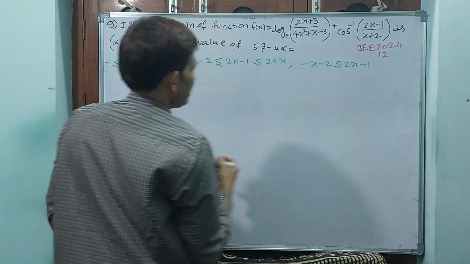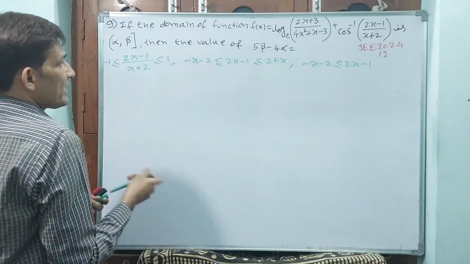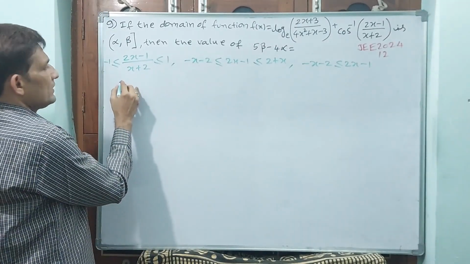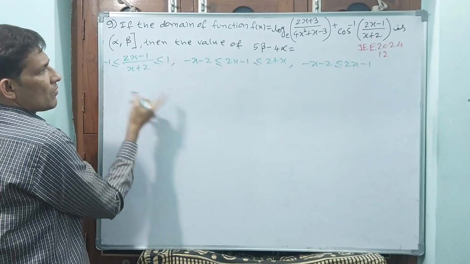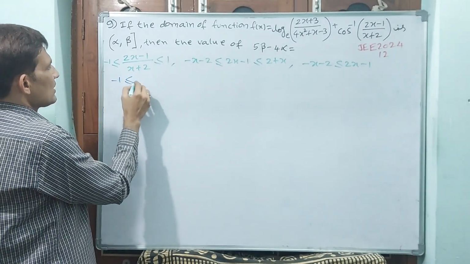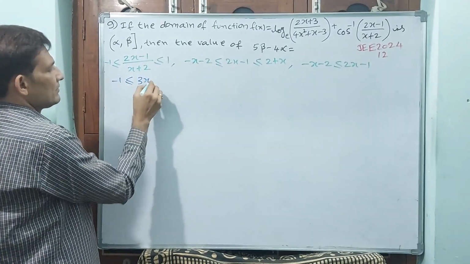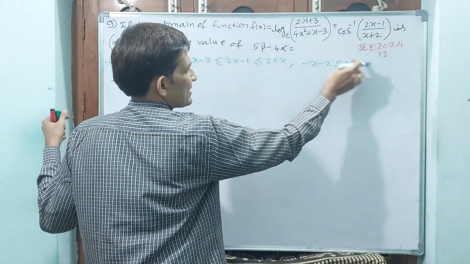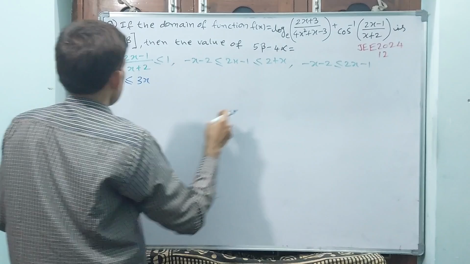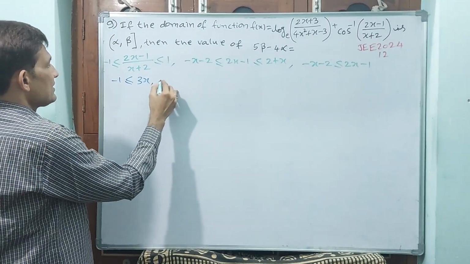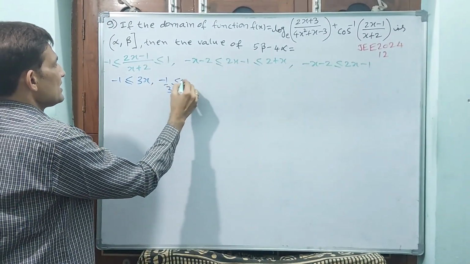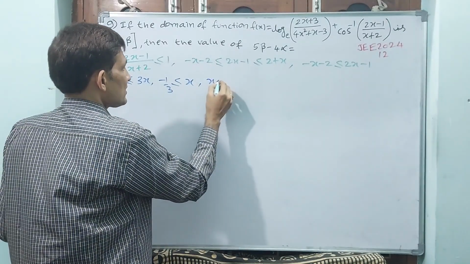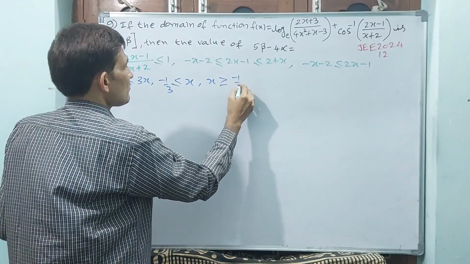Taking this, we get −1 ≤ 3x, or else −1/3 ≤ x.